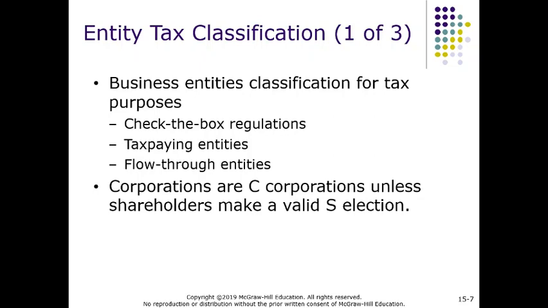If they elect to be an S corporation and they qualify, this permits the corporation to be taxed as a flow-through entity called an S corporation. They're subject to, guess what? Subchapter S of the Internal Revenue Code. And they report the results of their operations on IRS Form 1120S.